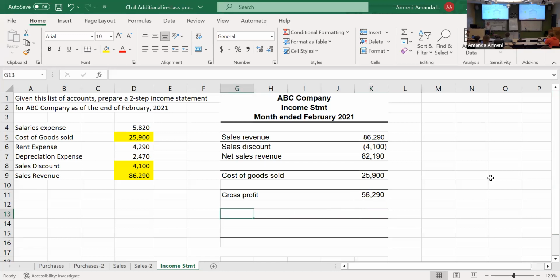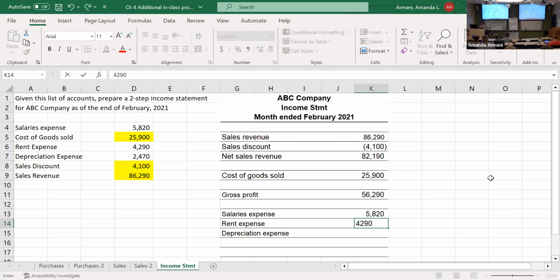Now what do I need to do? List the other expenses. So salaries, rent, depreciation. And I'm just taking those amounts that are in the table and bringing them over into my income statement.